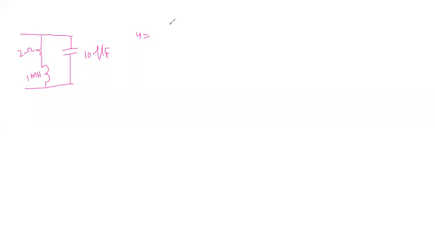I am writing, so admittance equation: 1 by R plus j omega L, plus 1 by minus j by omega C. That means 1 by Xc, approximately 1 by j omega C, right? 1 by minus j omega C. After simplifying we'll get plus j omega C, right? Avuna kada?